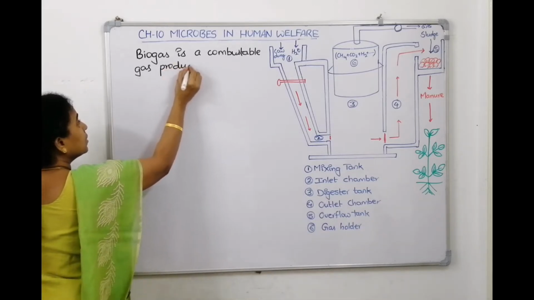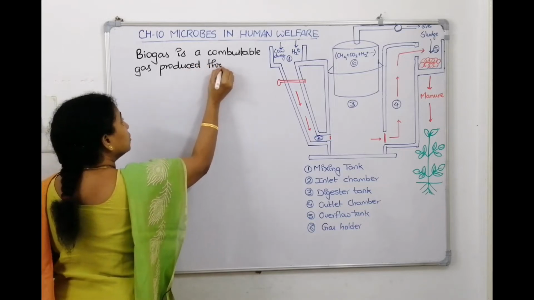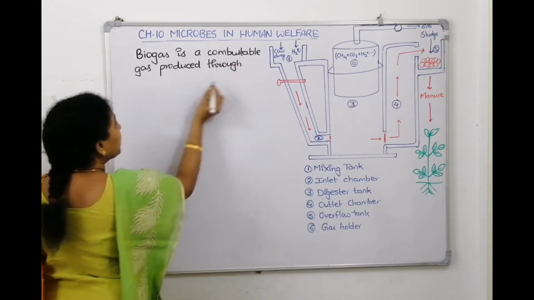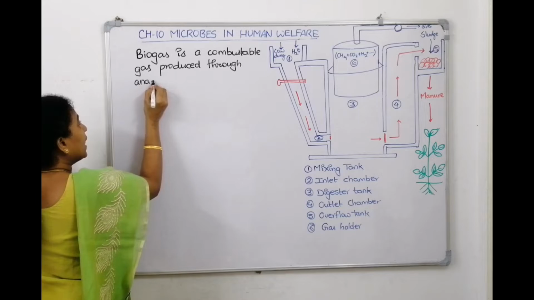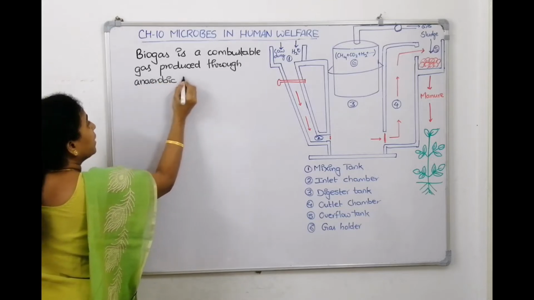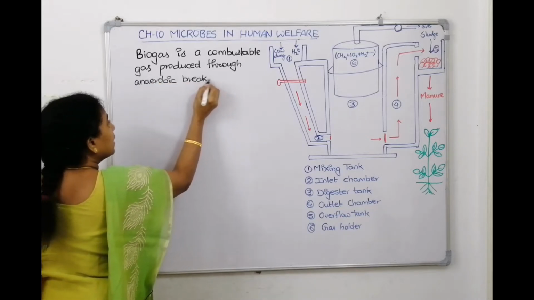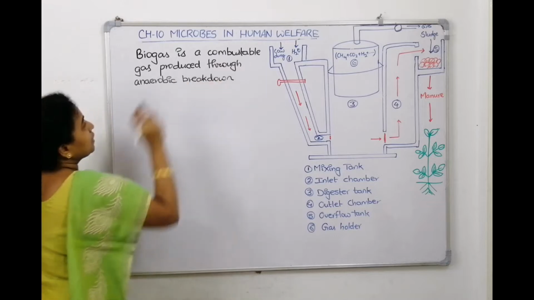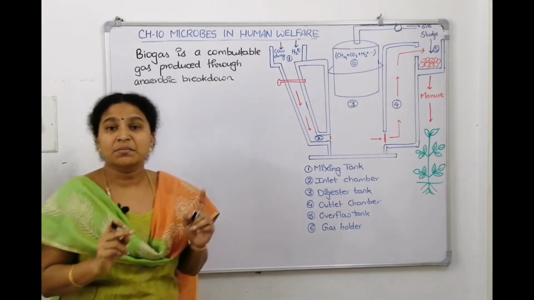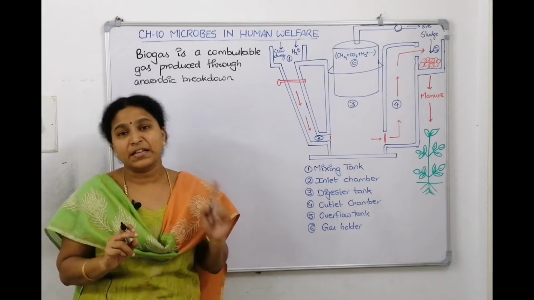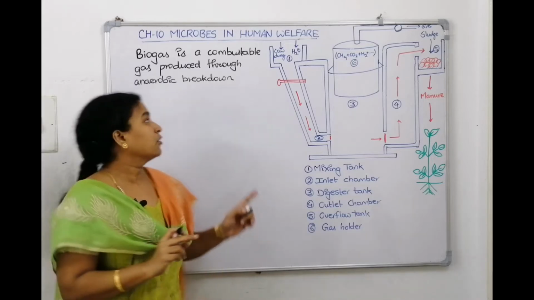So it is produced through which breakdown? Aerobic breakdown or anaerobic breakdown? Anaerobic breakdown. Anaerobic means in the absence of oxygen. Microorganisms anaerobically break the waste biomass into biogas.